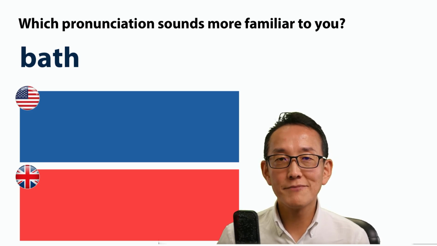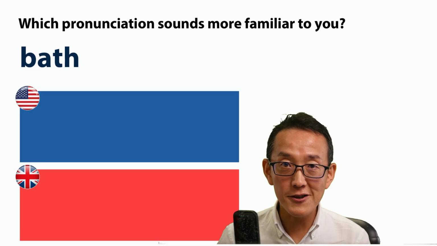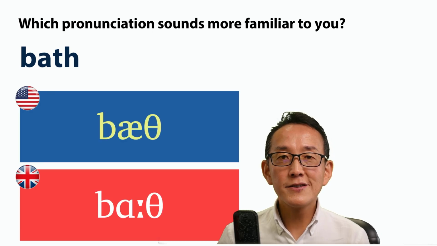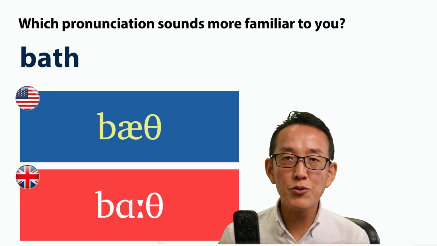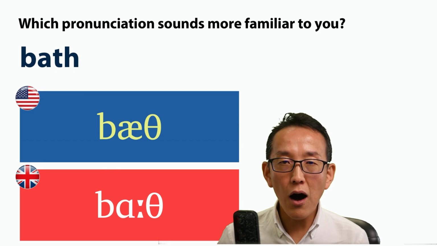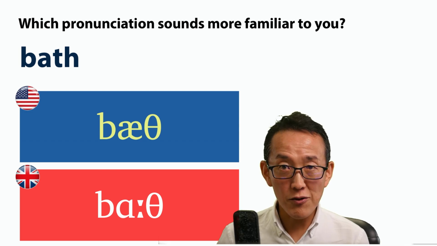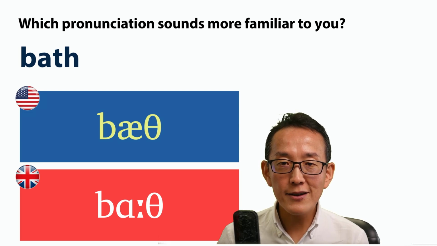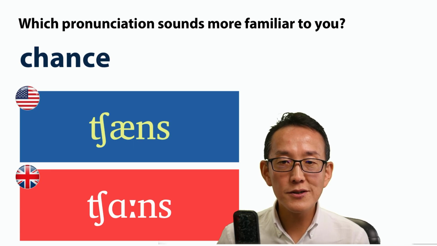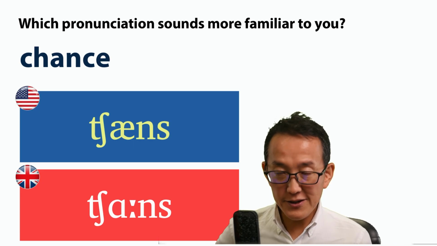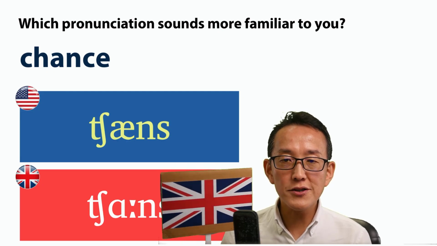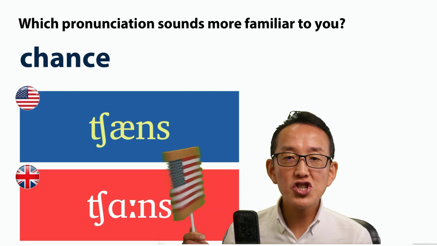This time, again, I said the American pronunciation first. In Southern British English, this word is usually pronounced with R. American English, however, usually has A. Let's look at two more examples. Chance, chance.